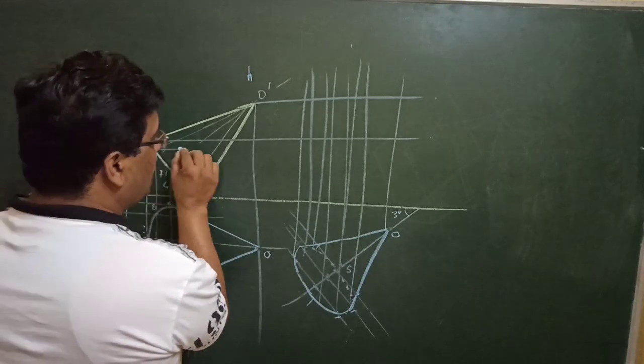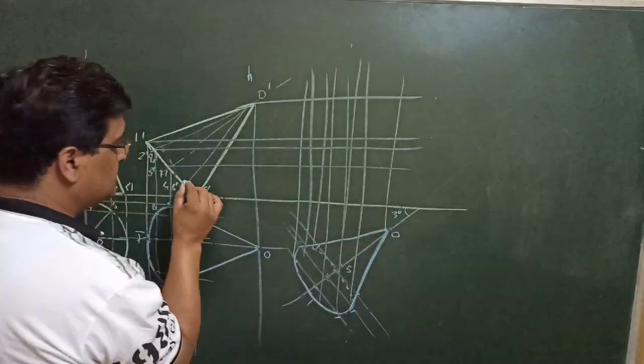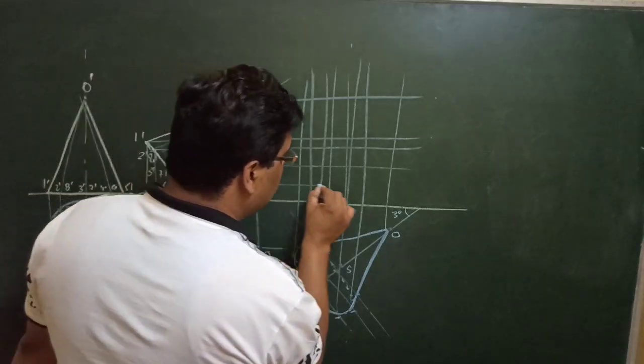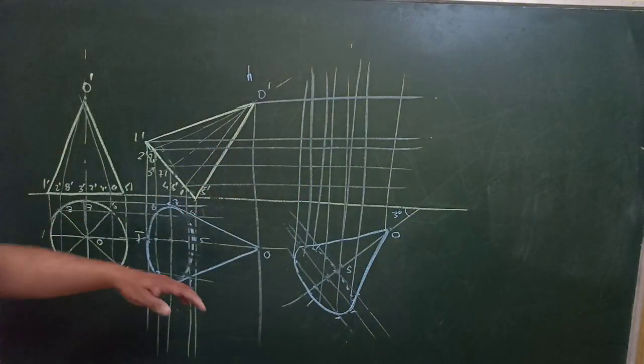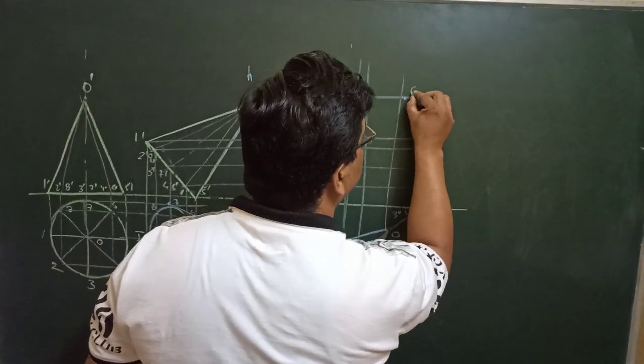So you are having horizontal lines from all the base points, and vertical lines from this side. So O to O you will get final O dash.